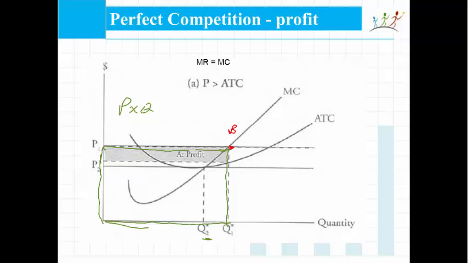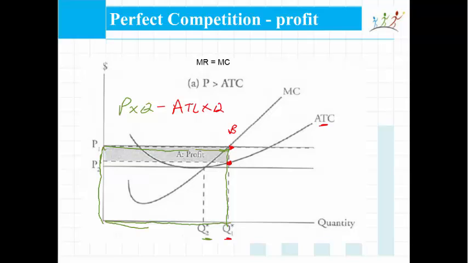So this is the total revenue that the firm is generating. Now what is the total cost? Total cost is again the average total cost multiplied by the quantity. At a quantity of Q1, how much is the average total cost? It comes from the ATC curve.